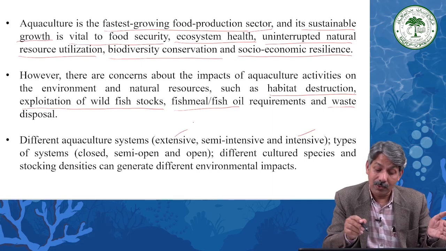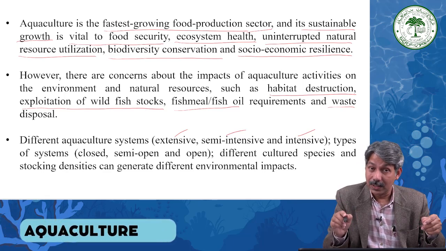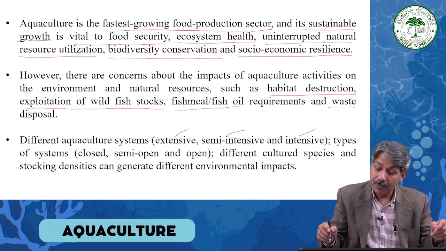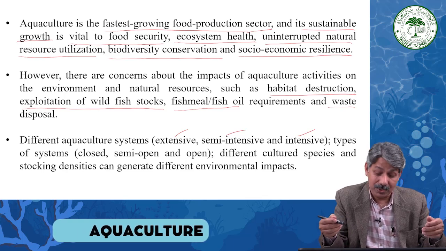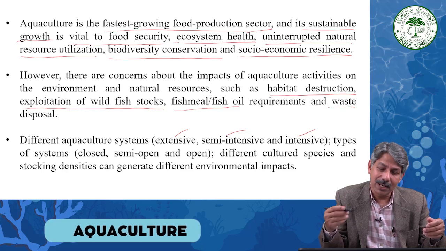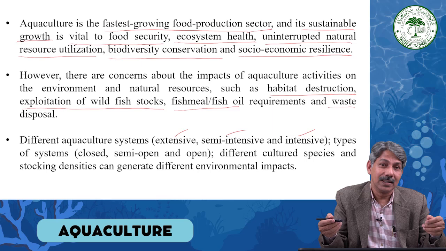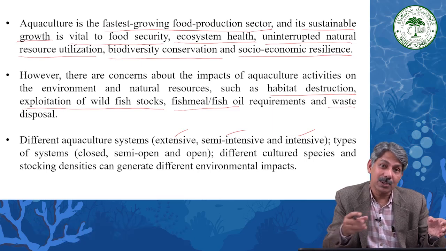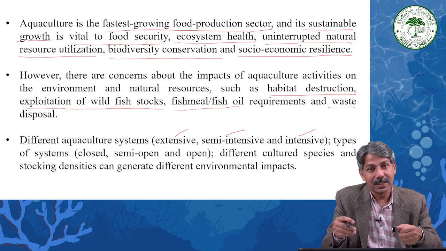So, whether you are going for extensive, semi-intensive or intensive, you are going to have an impact on the environment. Types of system, closed, semi-open, open, different cultured species, what kind of species. For example, I gave you example of some carnivorous fishes, and of crustaceans, prawns, that how different species can generate different kinds of problems in the environment.